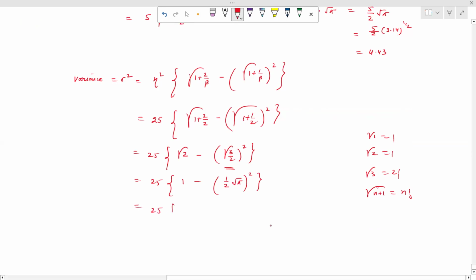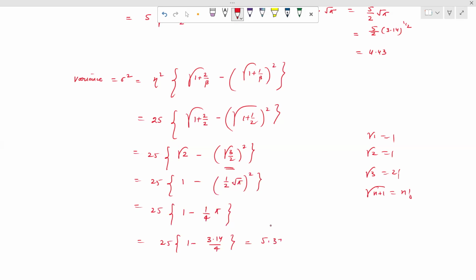So this gives us 25 into 1 minus 1 by 4 pi, that is pi by 4. So 25 into 1 minus pi by 4, where pi is 3.14 upon 4.